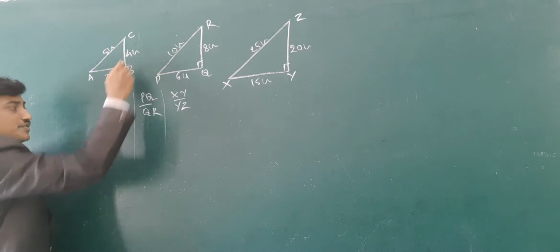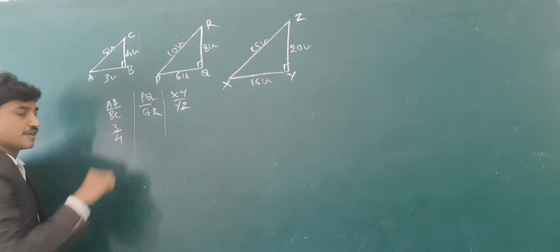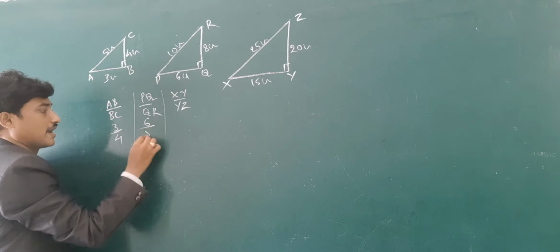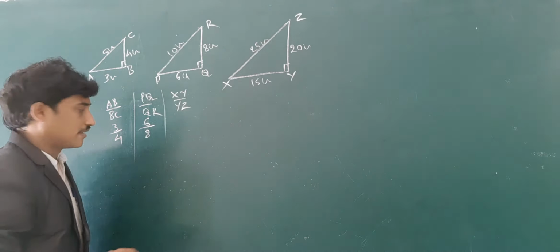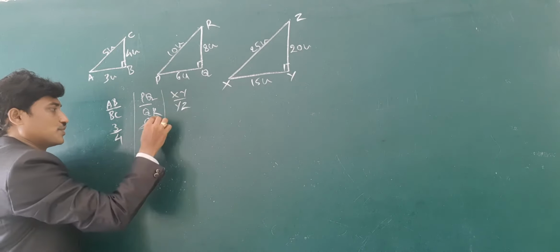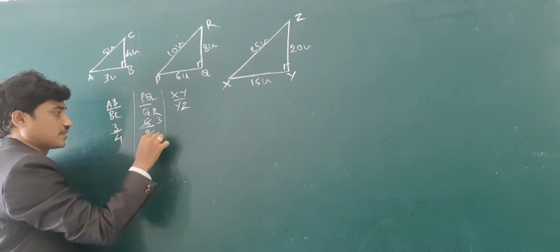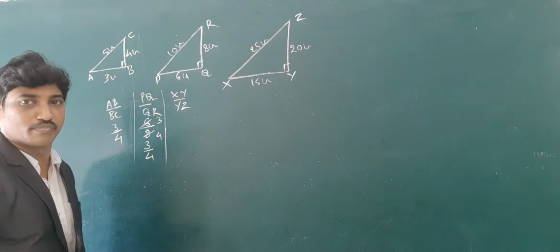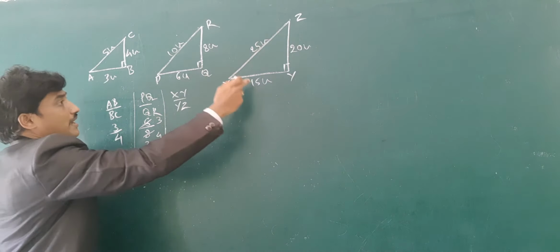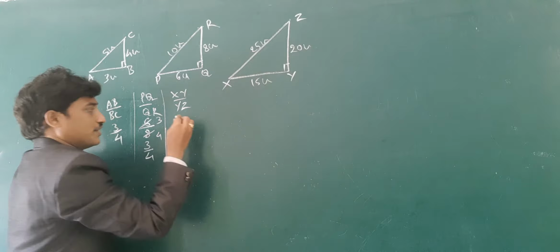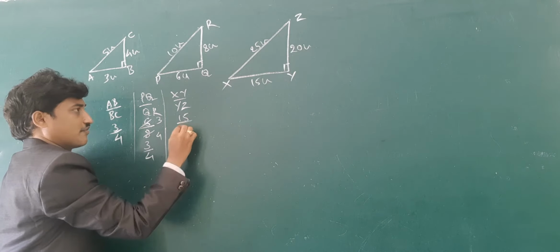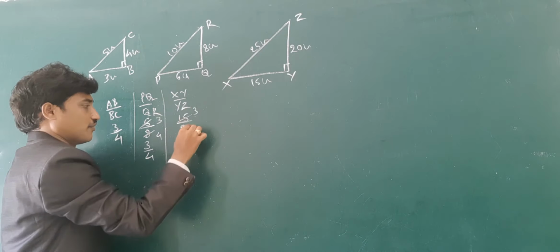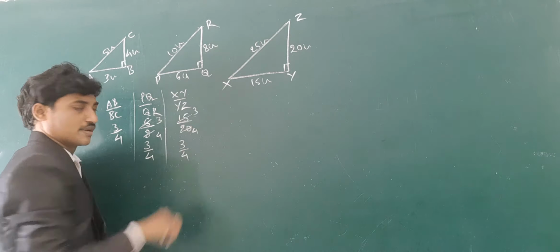AB by BC, that is 3 units by 4 units, that is 3 by 4. PQ by QR, 6 units by 8 units. 2 3s are 6, 2 4s are 8, so its value is 3 by 4. XY by YZ, 15 units by 20 units, that is 15 by 20. 3 5s are 15, 4 5s are 20, its value is 3 by 4.